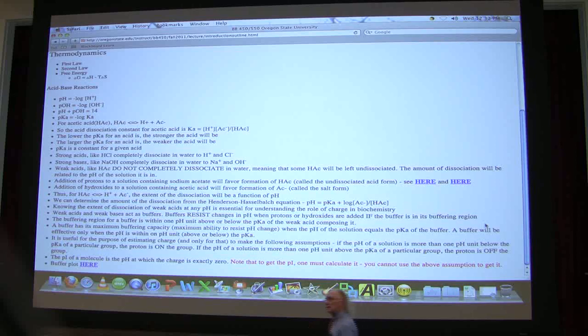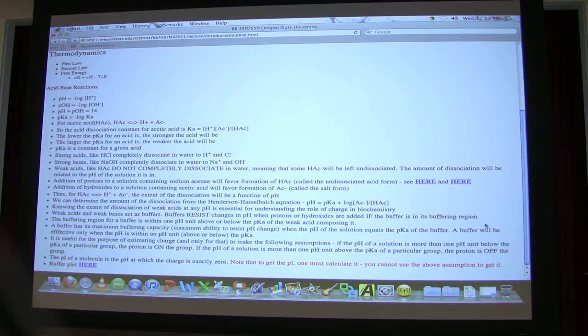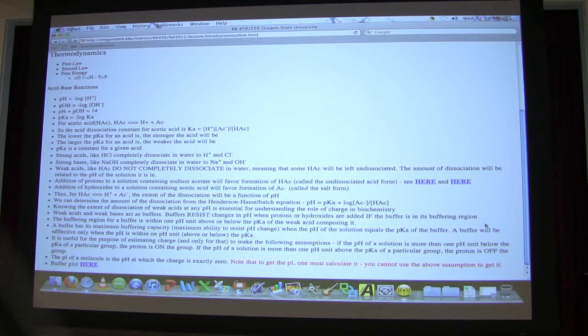This morning in recitation, our TA told us to always assume that the concentration of Ac minus plus HAc is 0.1 molar. Not for a buffer, no. A buffer can have any concentration. That was the concentration in that specific problem, so just don't always assume. So buffers can have any concentration.